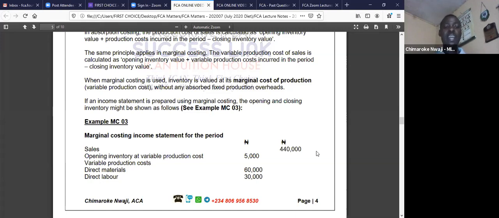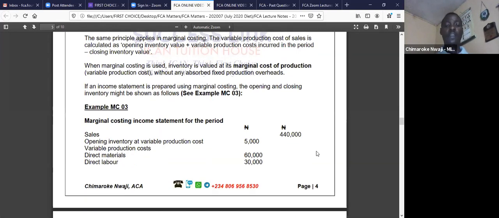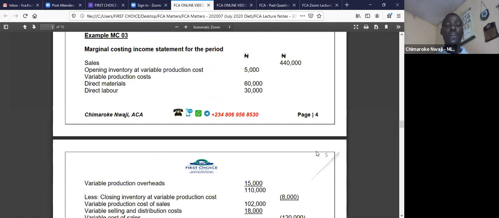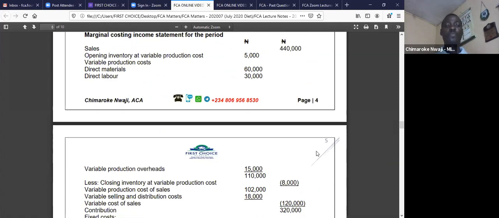We have your direct material, 60,000. Your direct labor, 30,000. Then you have your variable production overheads, 15,000. So you now do a straight addition, 5 plus 60 plus 30 plus 15, you have 110,000.